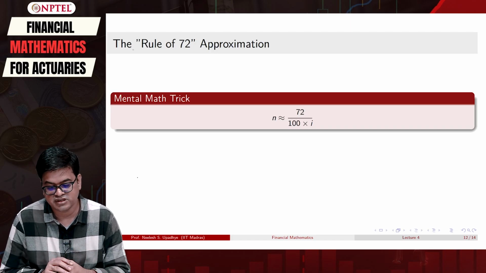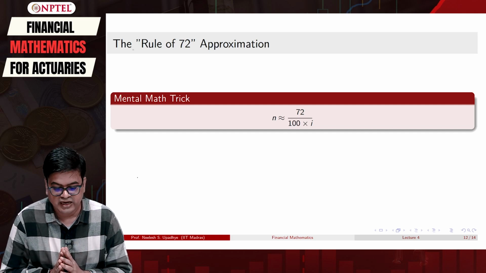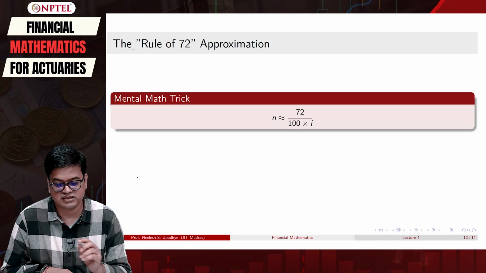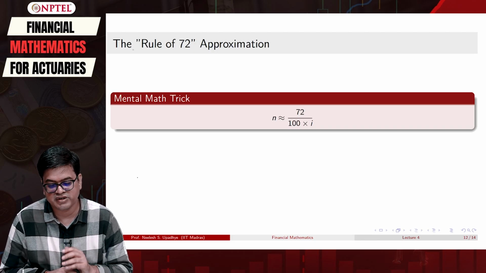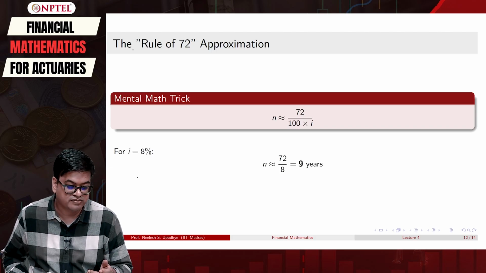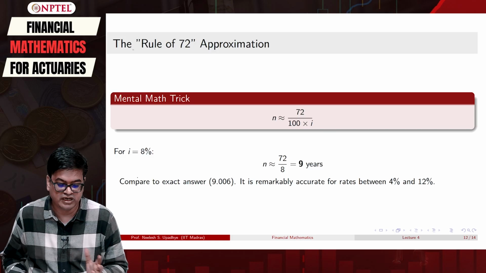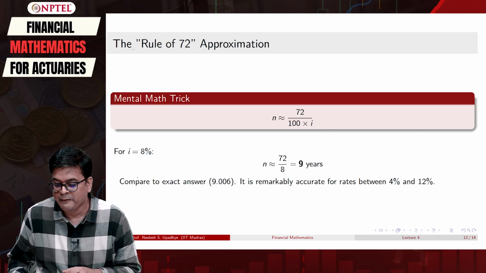So 8% multiplied with 100 will return me 8. Okay, and then I will divide 72 by whatever interest after multiplication by 100 I received. So 72 by 8 should give me 9, and now you can see how close is my approximation, 9.006. So I am remarkably correct.